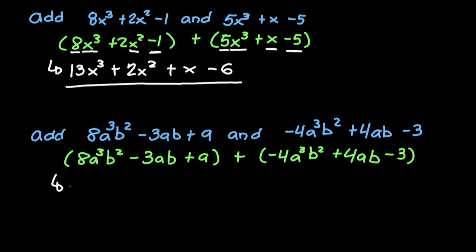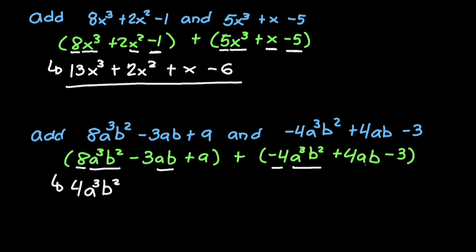So now we're going to combine this. A cubed b squared. There is also a cubed and b squared on the other side. So combine the coefficients. 8 plus negative 4 will be 4a cubed b squared.